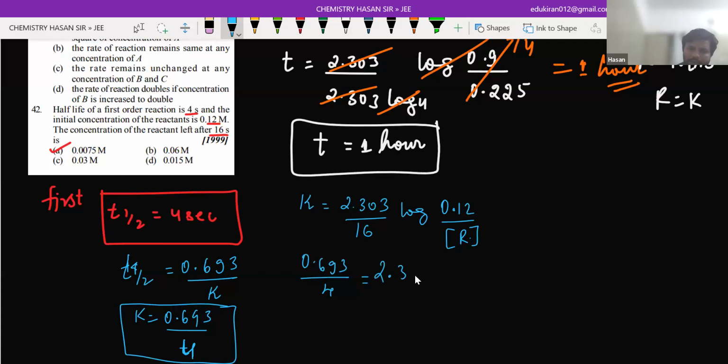Then 0.693 upon 4 equals 2.303 upon 16 times log 0.12 minus log R. From here, you can calculate the value of R. Very simple it is. Is that clear?